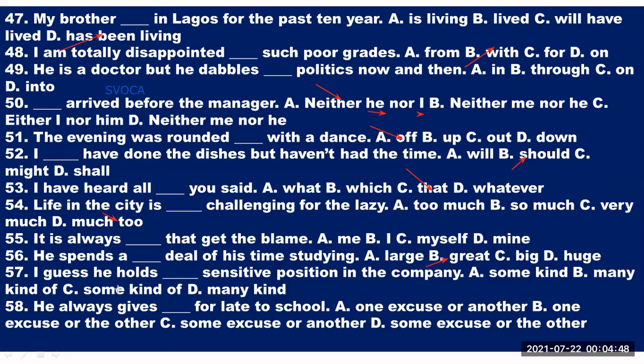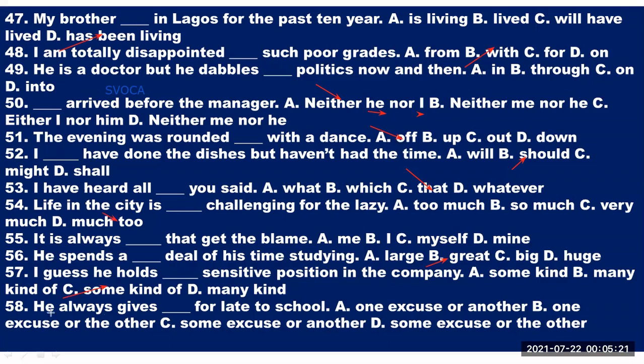You cannot say, I guess he holds many kind of, because position is singular here. It's not plural. It's not positions. You can talk of many positions, but this is singular. So it cannot go with many. Then some kind of is correct. I guess he holds some kind of sensitive position in the company. This is correct. The many kind is incorrect.